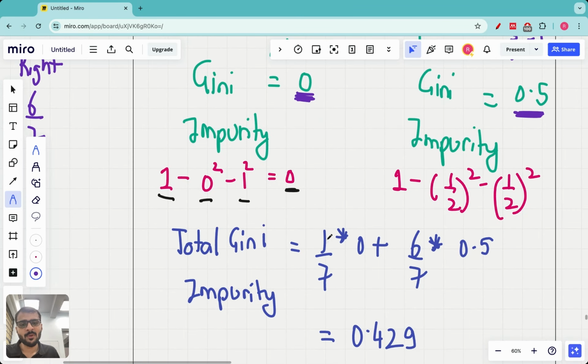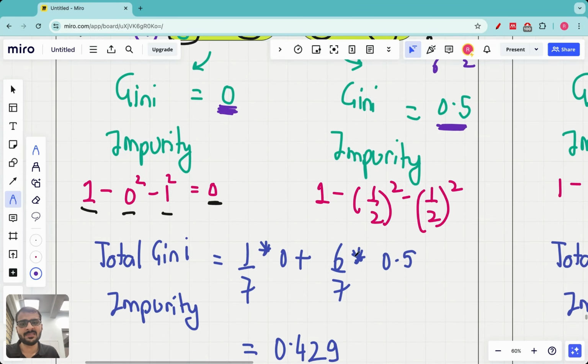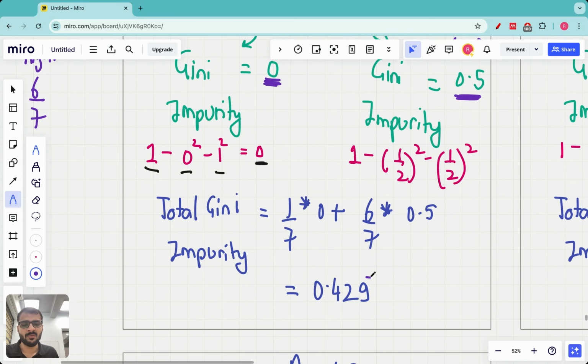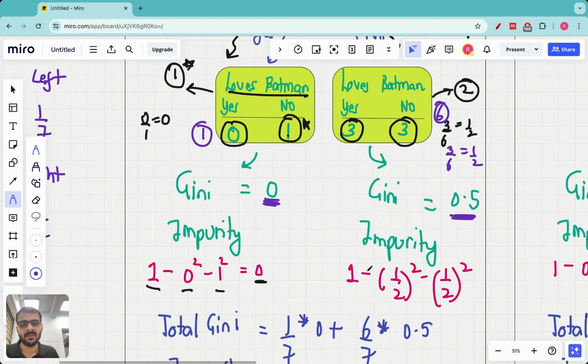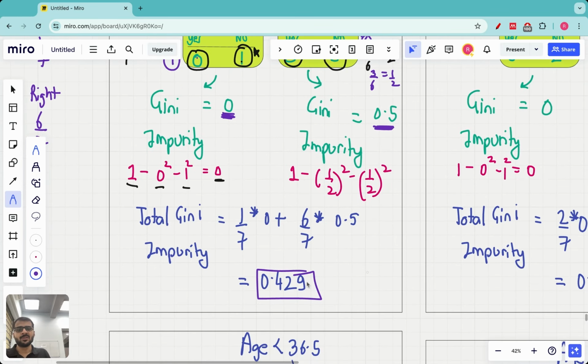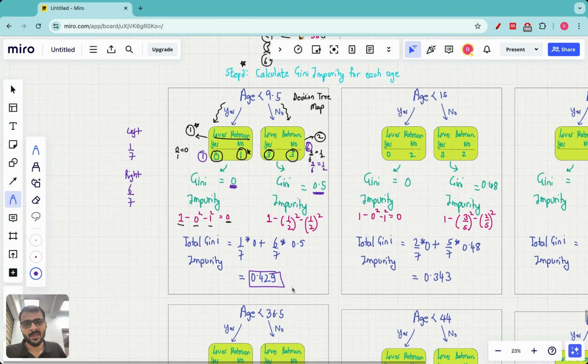So the total Gini impurity is 1 by 7 multiplied by 0 plus 6 by 7 multiplied by 0.5, which leads to 0.429. So for age less than 9.5, the Gini impurity is 0.429.